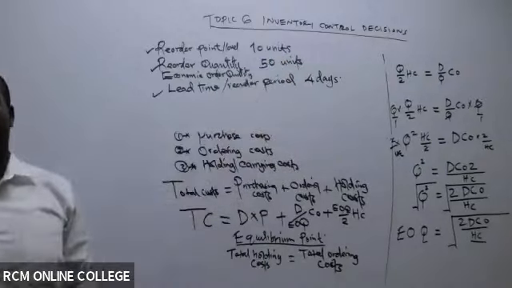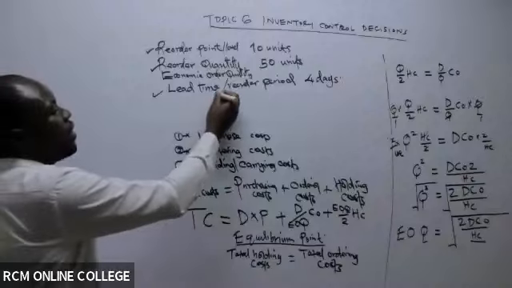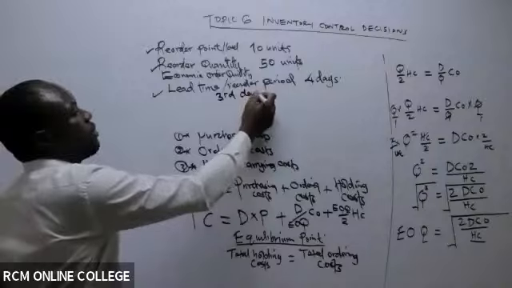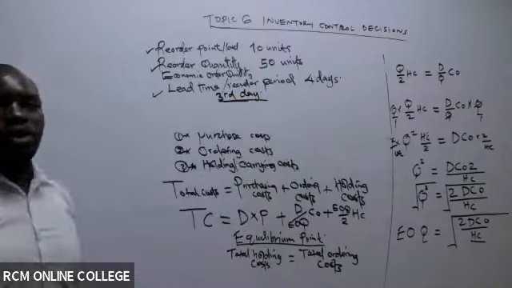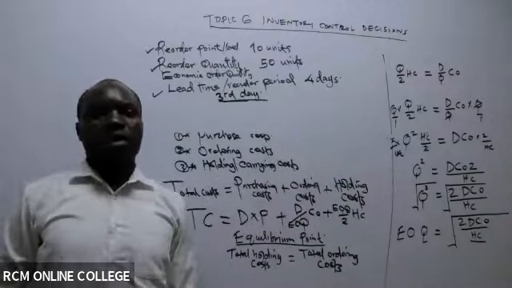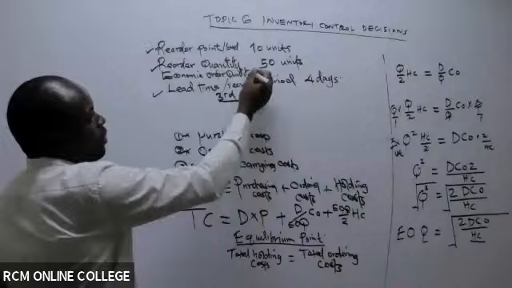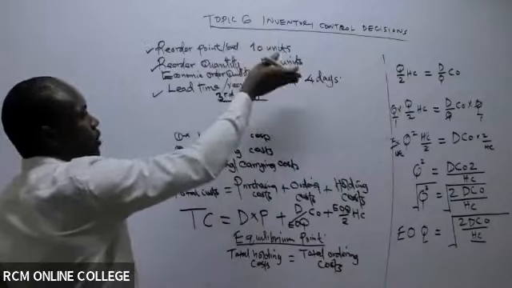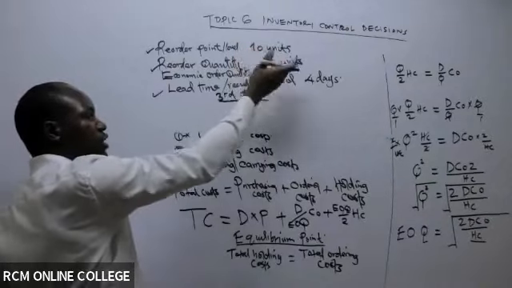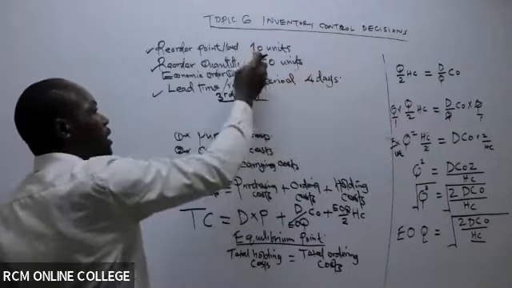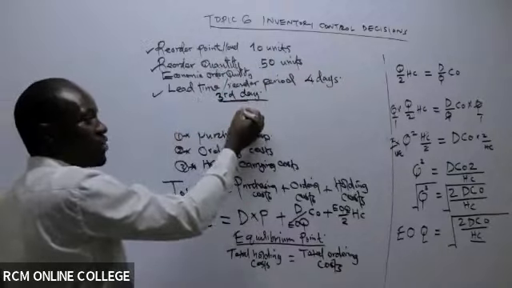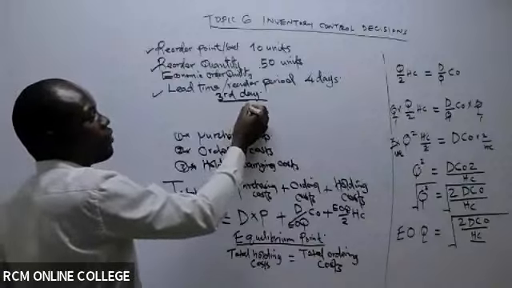But something happens on the 3rd day, before we receive these goods on the 4th day. A customer comes for more goods than what we actually have in the store. Stock gets to 10, we make a new order, and we are waiting for 50 units after 4 days. Now on the 3rd day, a customer comes and our opening stock is only 5 units.